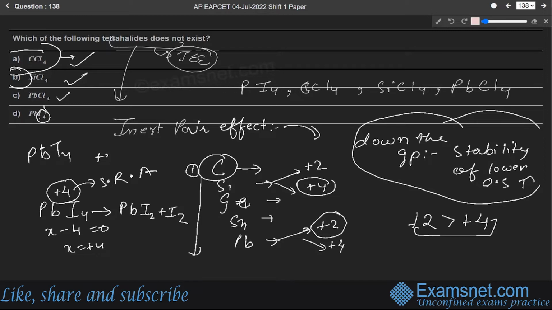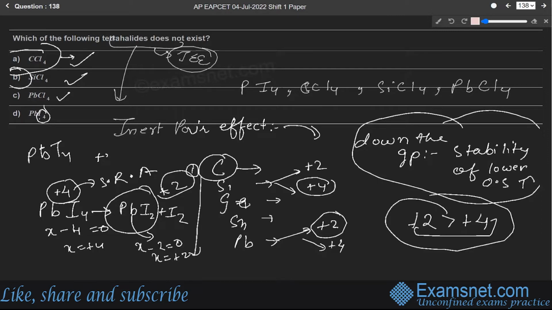It reduces to PbI2, where x minus 2 equals 0 gives x equals +2. So +4 breaks to +2, and +2 is highly stable due to the inert pair effect. So PbI4 does not exist, while PbI2 would exist.